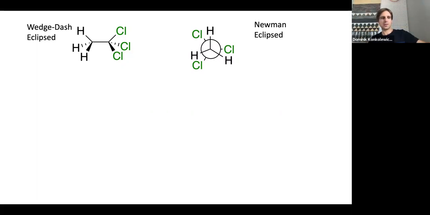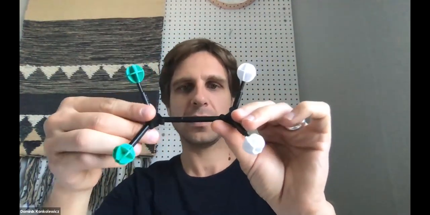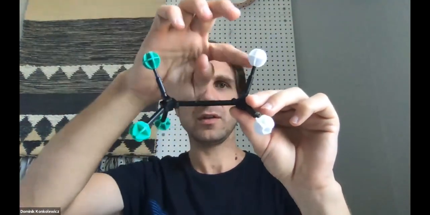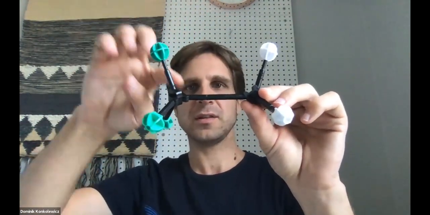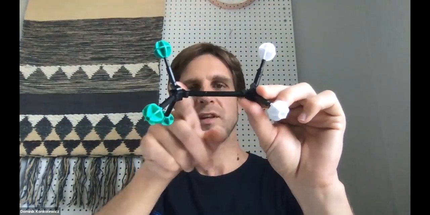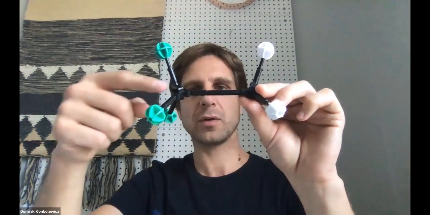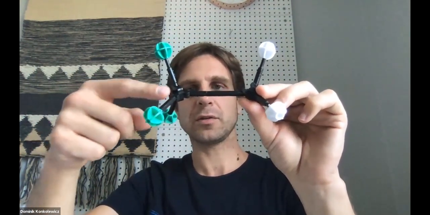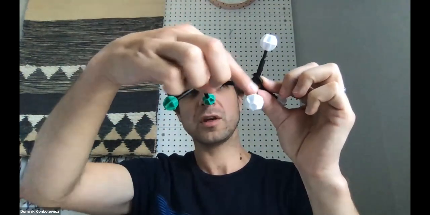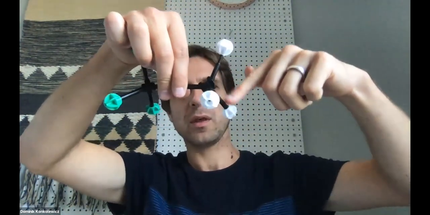Okay, so how does this work in the other type of model? This here looks pretty similar, okay? We're again in an eclipsed conformation. In the wedge-dash type structure, see this CH bond and that CCl bond line up on the plane of the screen. The carbon-carbon bond is along the plane of the screen. That CCl bond's coming towards you. That one's going away from you. This one's coming towards you. And that one there is going away from you.